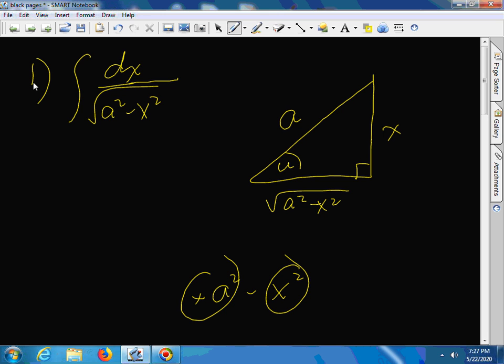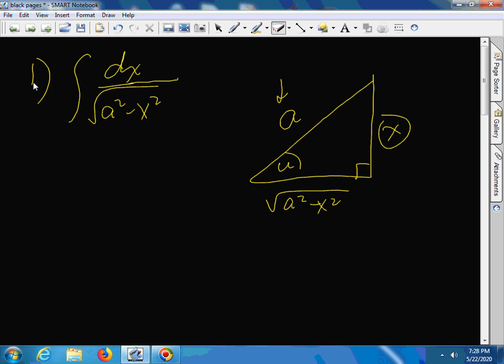To convince you it's right, when you square that side, you get a squared minus x squared, plus the other leg squared is x squared. This cancels out. You get x squared, which does equal the hypotenuse squared. That always works.